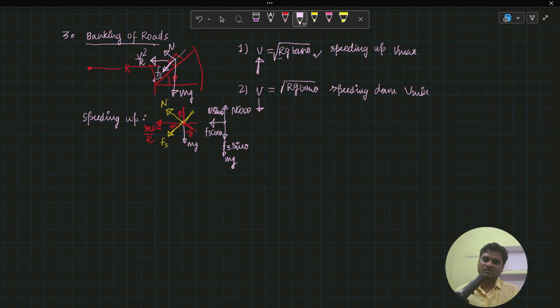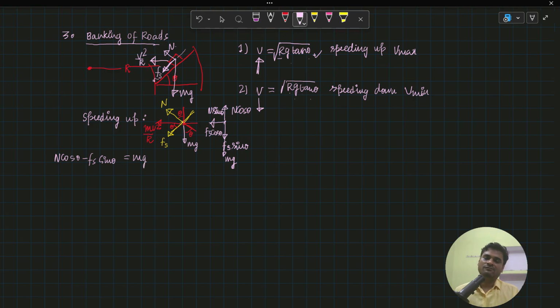So now we can write the equation that should be n cos theta minus fs sin theta, and that should be equal to mg, Newton's law for the vertical axis.